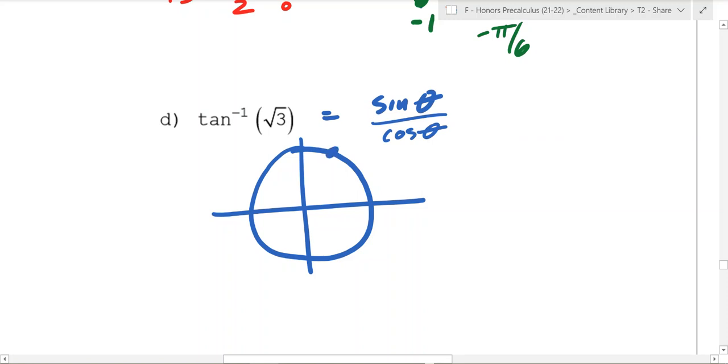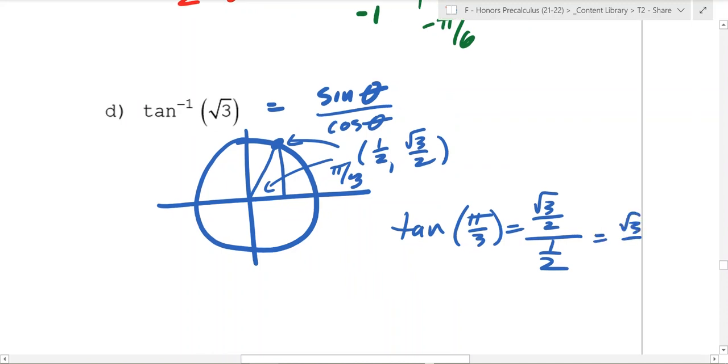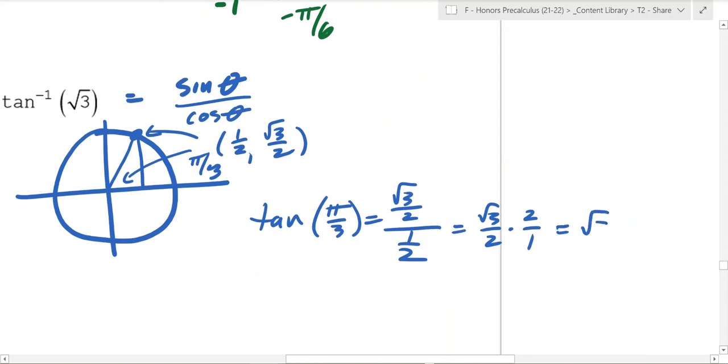If you play around with these coordinates, you'll remember this triangle right here, if that's 60 degrees, so pi/3, the coordinates are an x coordinate of 1/2 and a y coordinate of √3/2. So if you do the tangent of pi/3, that's going to be root 3 over 2 over 1/2, which is root 3 over 2 times the reciprocal. So the 2's cancel and you're left with root 3.